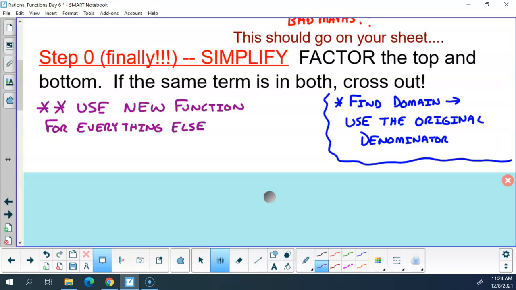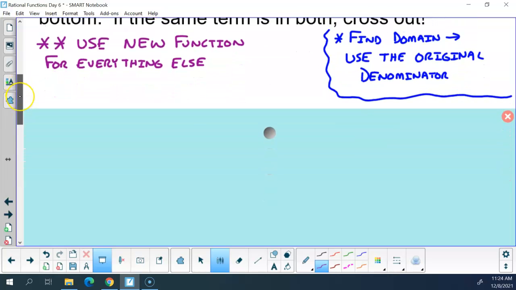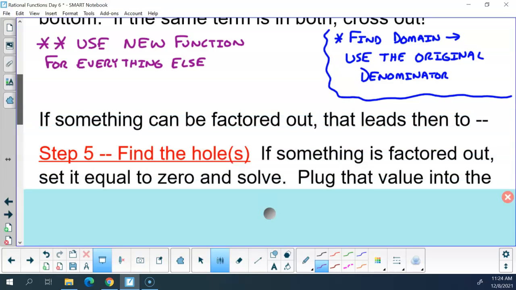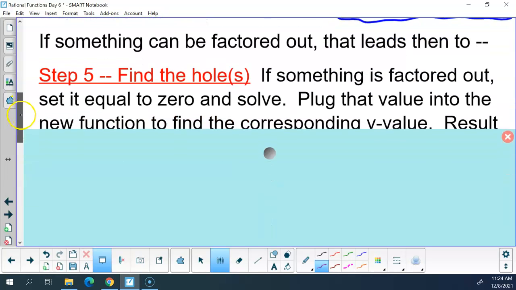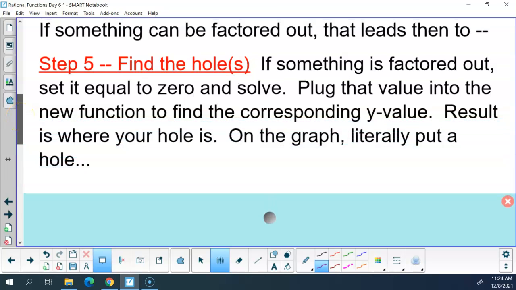Okay. All right. So now that we factored something out, we're going to have step number 5. Step number 5 only happens if we cross something out in step number 0.